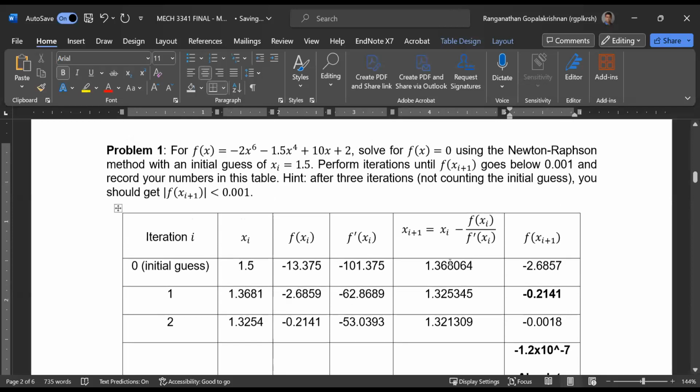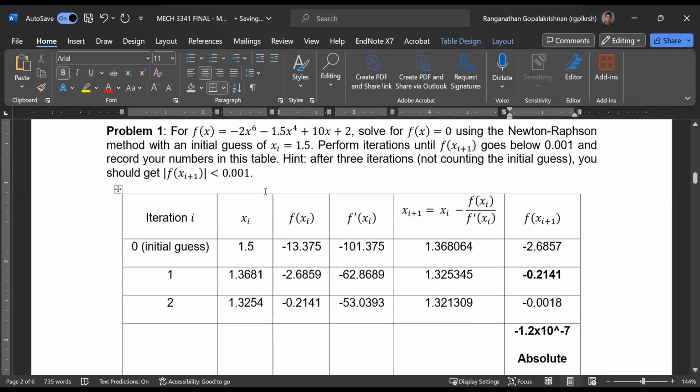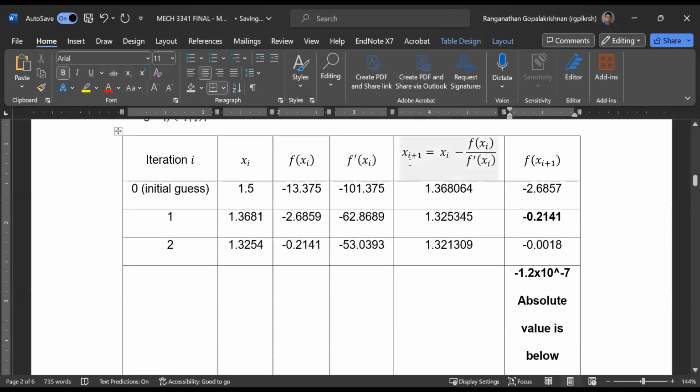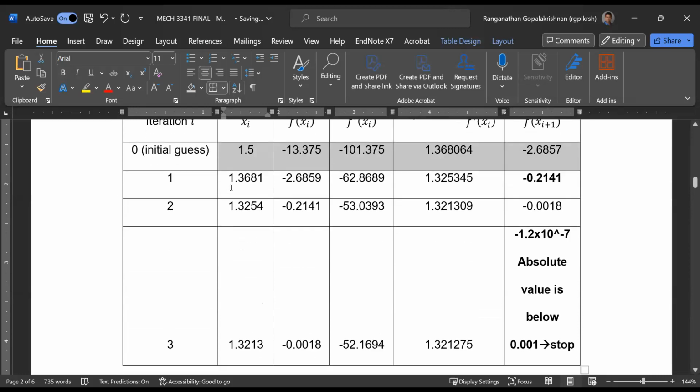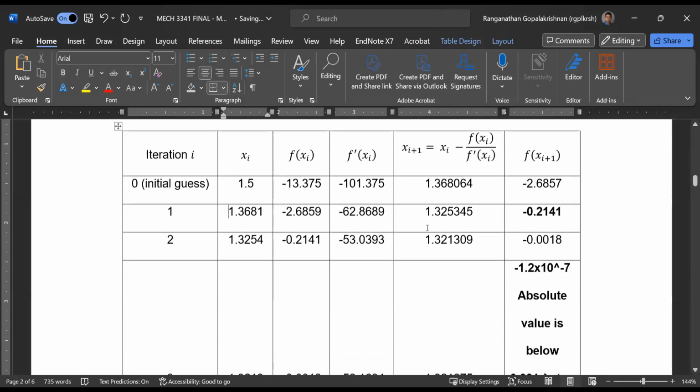So what is required is to fill out this table, and to do this calculation, you can show it for one line. You can show how you got each number, and then you don't have to do the same for every line. You can just fill out the numbers and it will make sense.